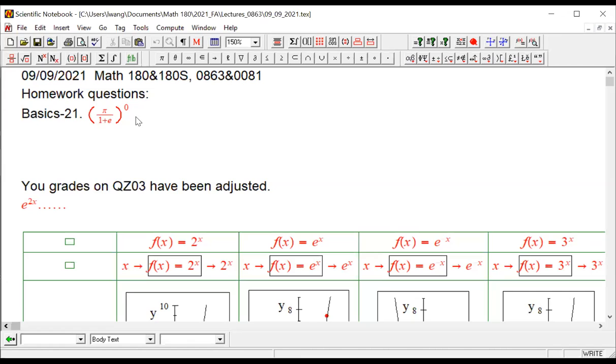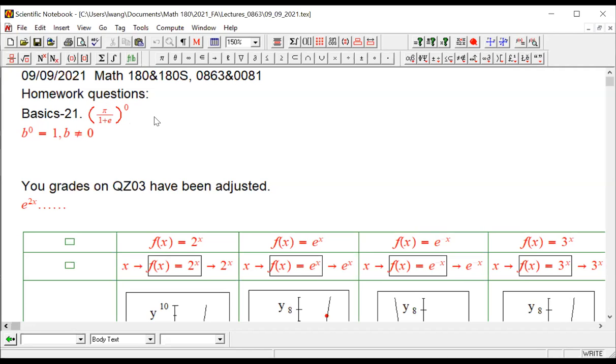In order to identify the answer for this one, all you have to decide, because we have a 0 power, right? And we have that principle, b to the power 0 is equal to 1, provided b is not what? b is not 0. And the base here is the entire parentheses, and the entire parentheses, which is the base, is not a 0 for sure.